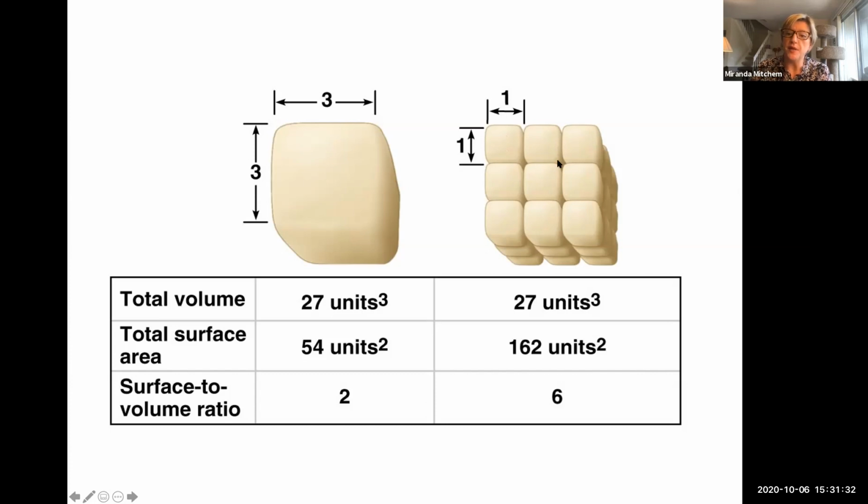However, in the example on the right, we need quite a bit more wrapping paper because we still do have the same 2 sides to every cube, but now we have all these internal surfaces. So imagine how much more wrapping paper would be needed to wrap all 27 boxes separately and then stack them together. You've got all those interior surface areas that would not be present in the single box.